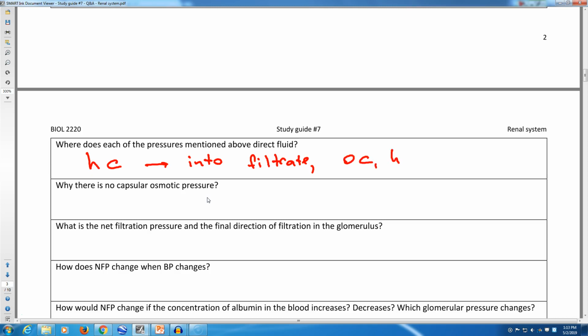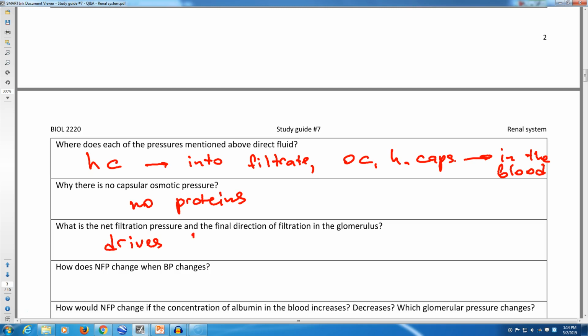Osmotic capillary and hydrostatic capsular push back into the blood. Capsular osmotic pressure is 0 because there are no proteins. Net filtration pressure is 8, but you don't need to know the number.